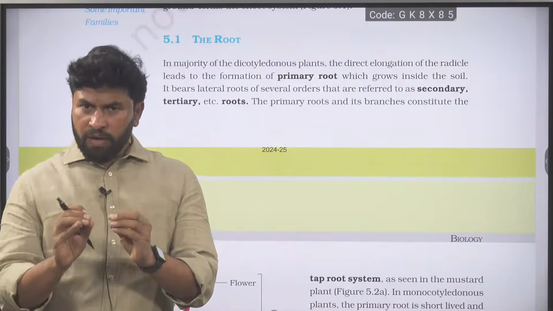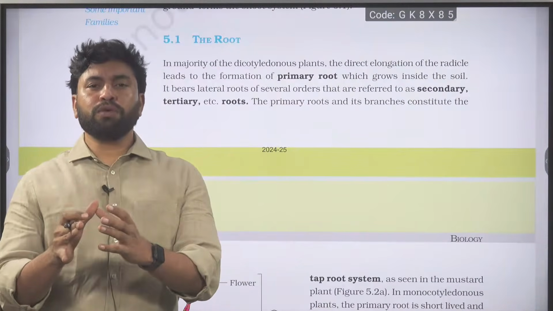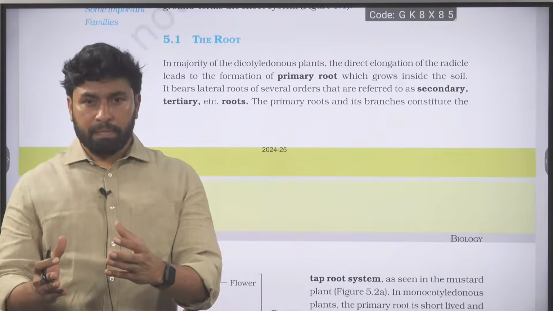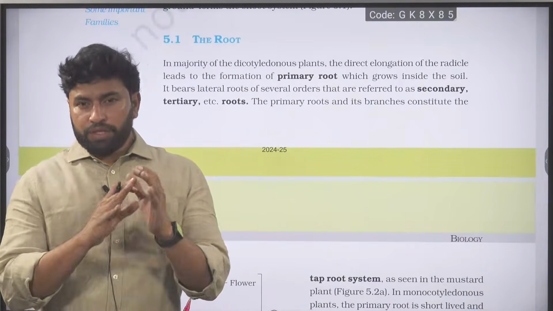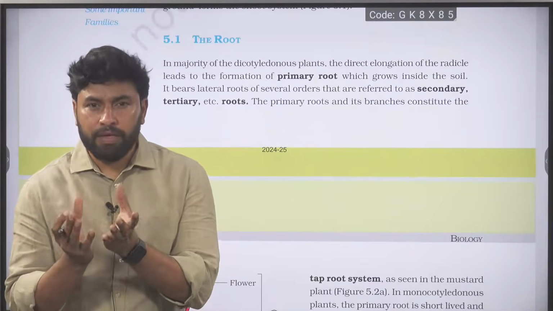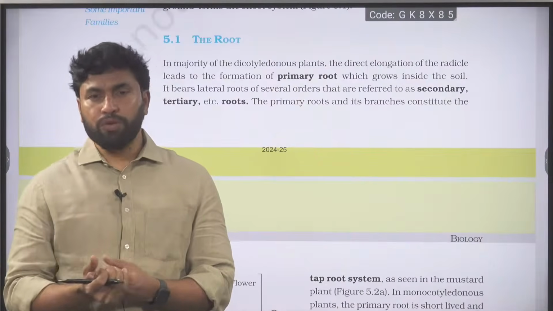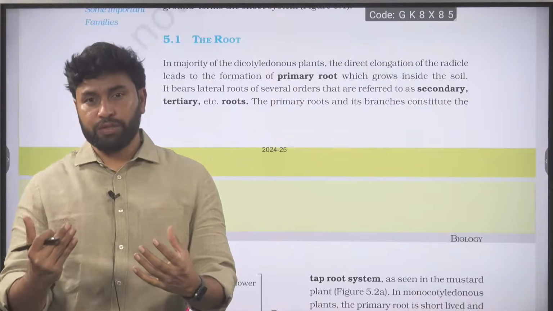After its growth, due to some reason, the primary root may not be able to expand. The primary root stopped growing. At that place, fibrous roots started to develop. And at every node, there will be development of new roots, which are adventitious roots.